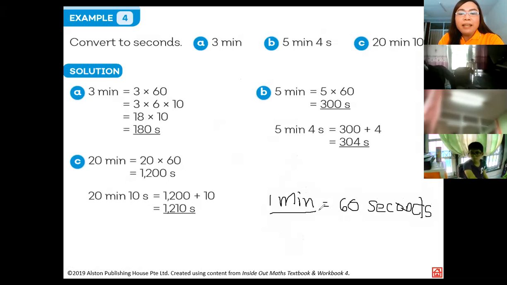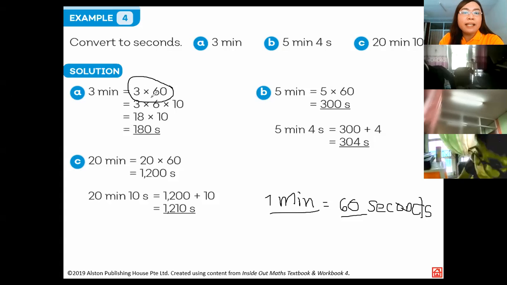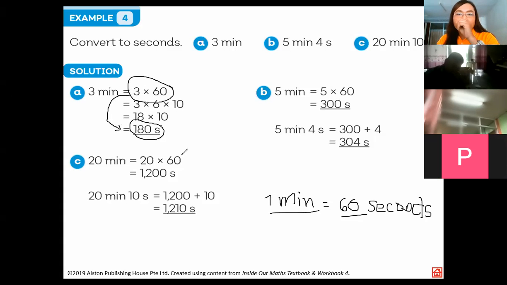Again, in 1 minute, there are 60 seconds. So here, how many minutes? There are 3, right? So we will just multiply 3 by 60. So 3 by 60, that's gonna be 180 seconds.